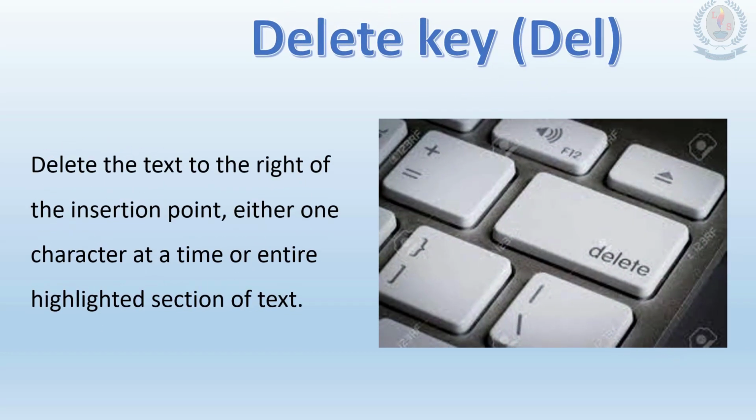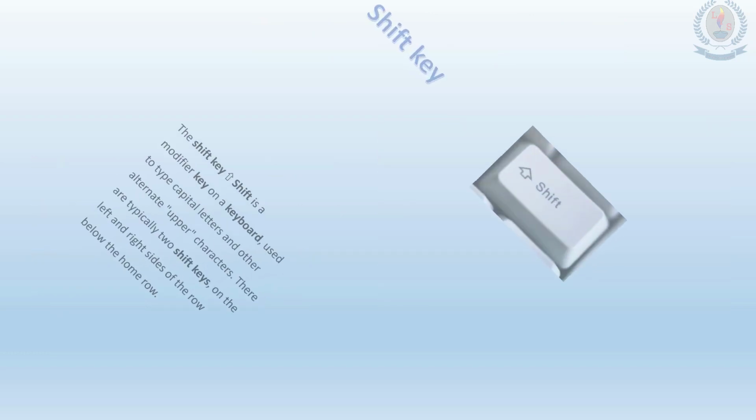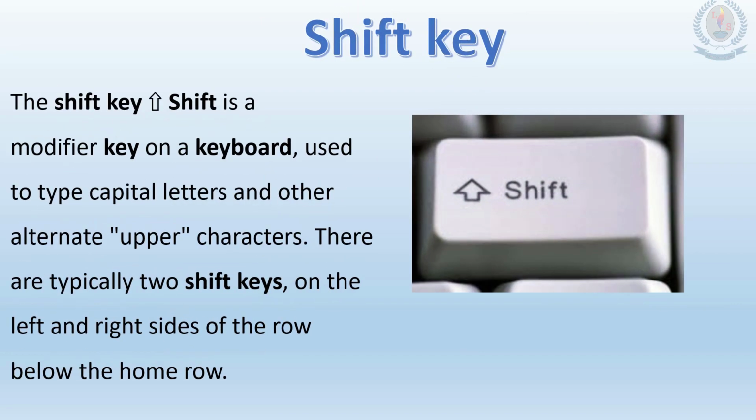Next is the delete key or the Del key. This does the same thing as the backspace key, but the difference is that it will delete the letters or the word on the right side of the cursor, right? And then the shift key. The shift key is a modifier key on the keyboard that is used to type capital letters.